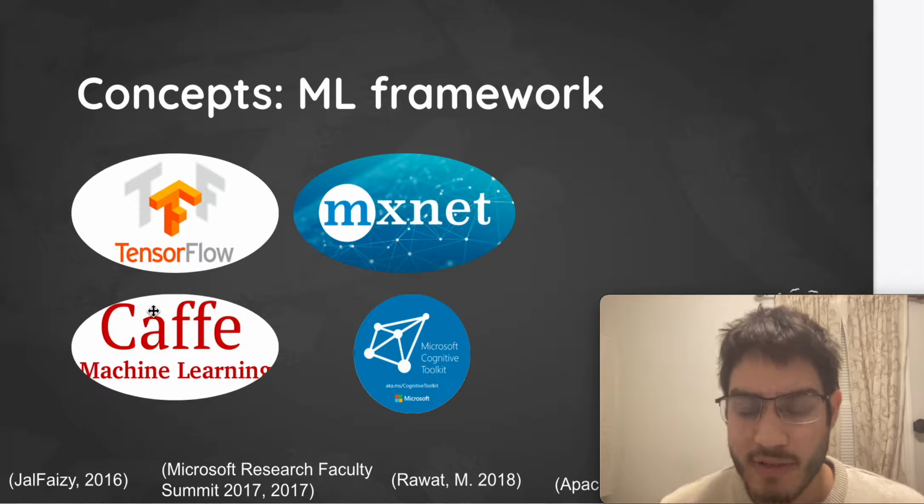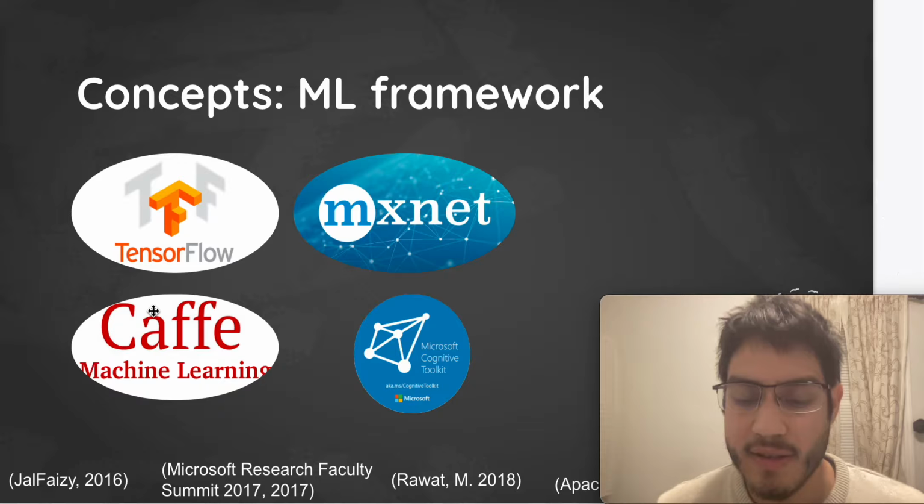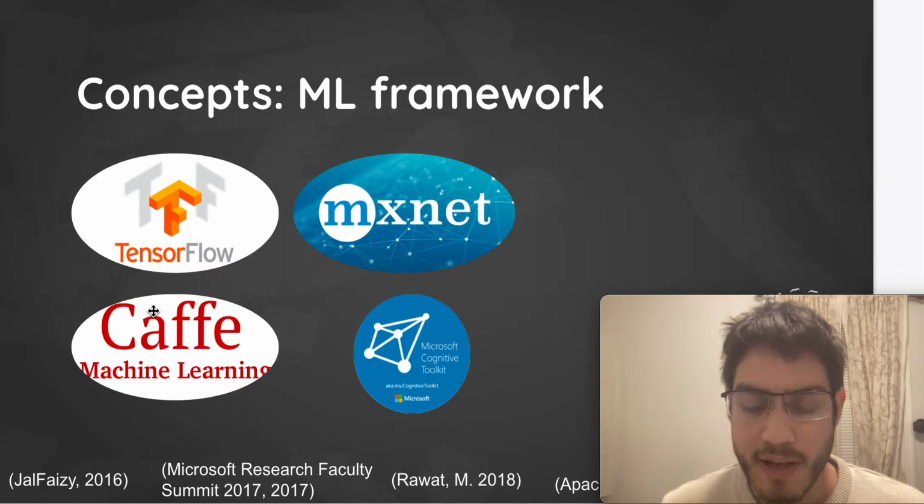So why is it so important to study the architecture of machine learning frameworks? This is important because these frameworks are used to build and develop many applications in a lot of industries, so we want to make sure that these frameworks are following the best practices, and also that they don't have security risks.